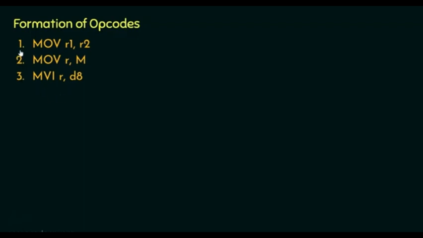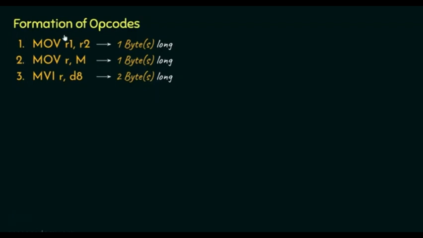Well, the first instruction type, that is MOV R1, R2, falls under the category of 1 byte long instructions. Also, the second type, that is MOV R, M, falls under the same type, that is 1 byte long instructions. However, the third type, that is MVI R, D8, falls under the 2 byte long instruction.